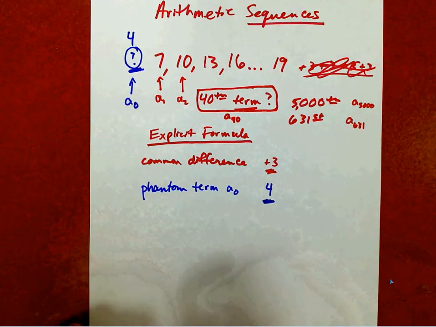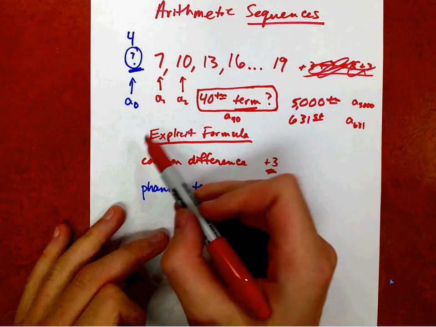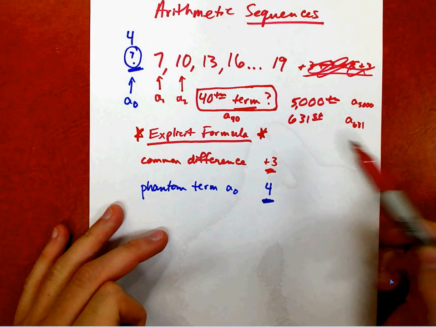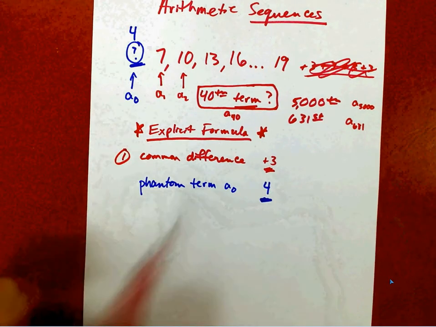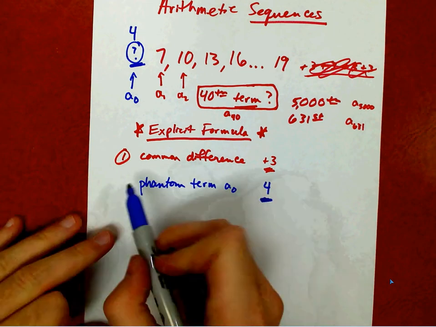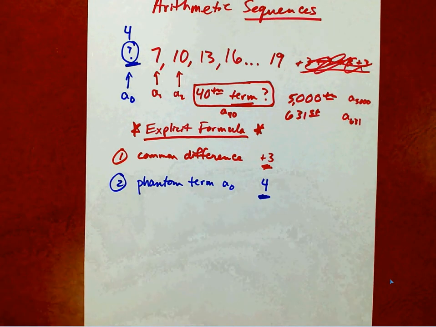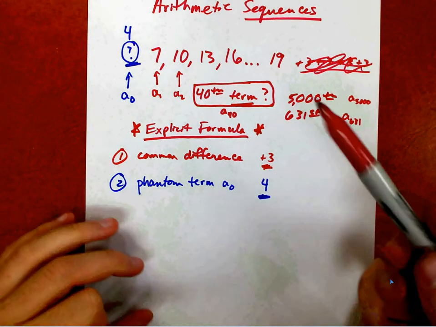So here's a great way to write an explicit formula for a sequence. And all you need is 2 things. You need to know the common difference, and you need to know what this phantom term is. You can write any explicit formula.